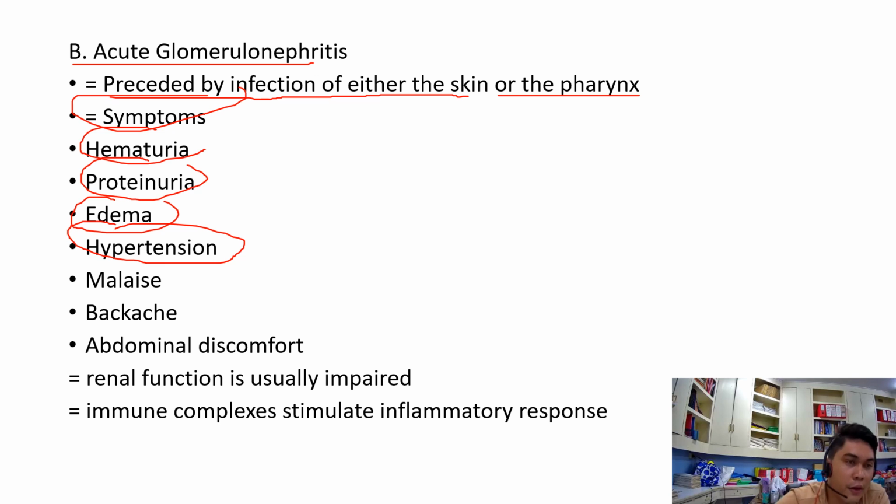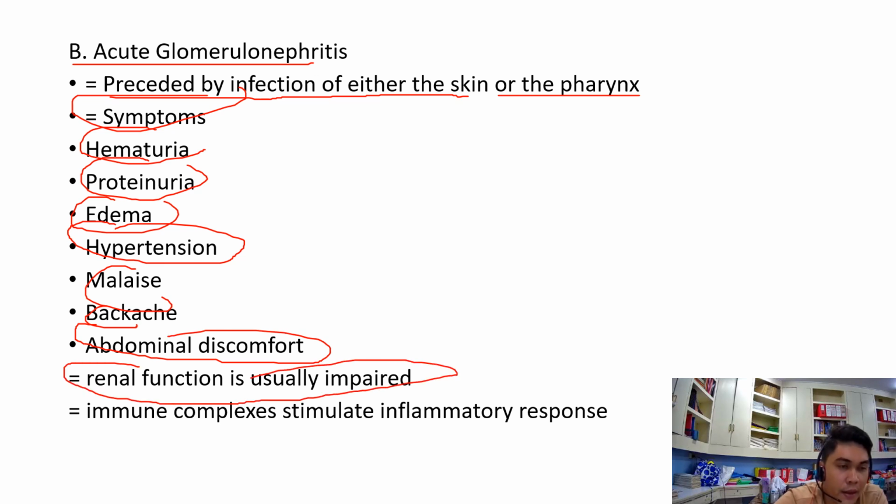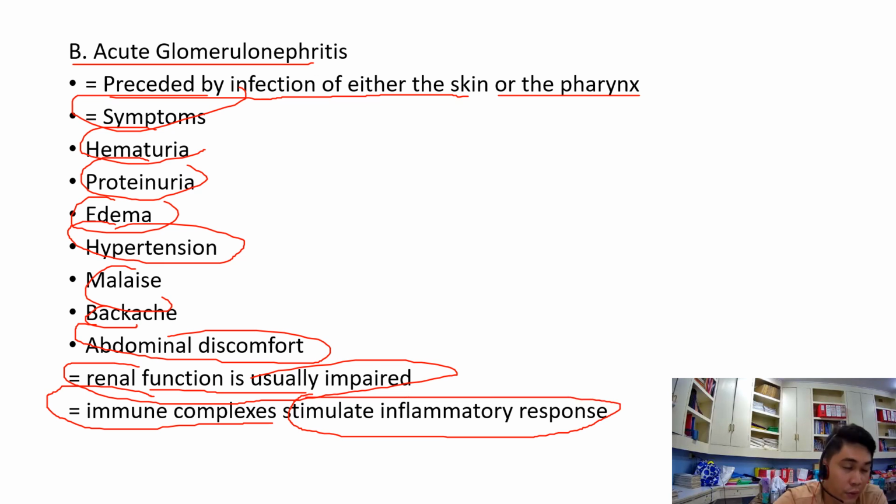So you have hematuria, proteinuria, edema, hypertension, maybe backache and abdominal discomfort. Renal function is usually impaired, and you have deposition of immune complexes in the kidneys that stimulates the inflammatory response. So you have accumulation of immune cells in the kidneys, and that can cause damage to your kidneys because of the enzymes produced by the immune cells.